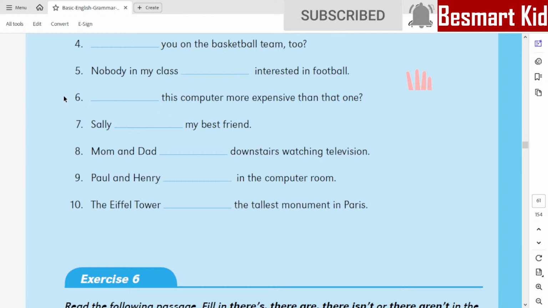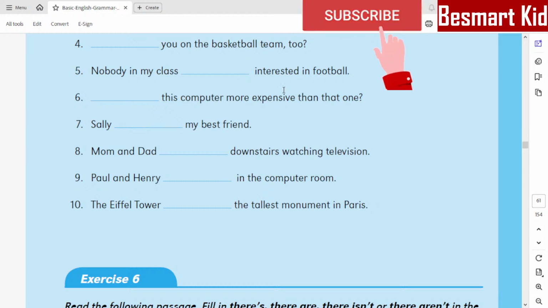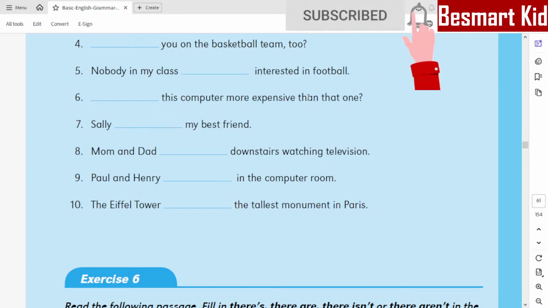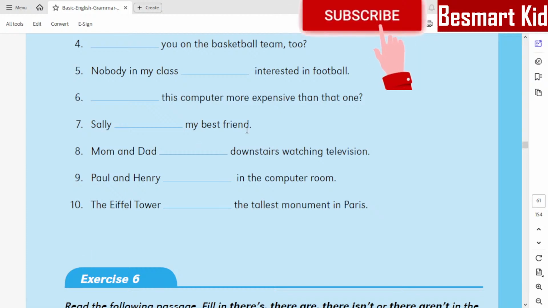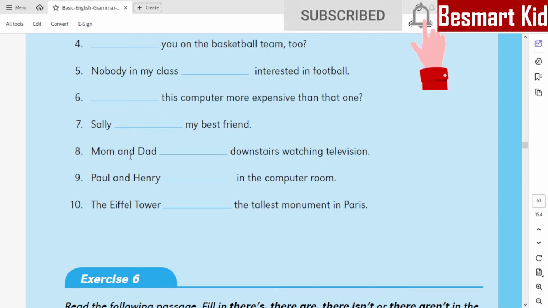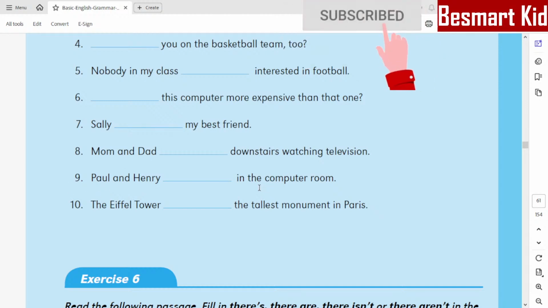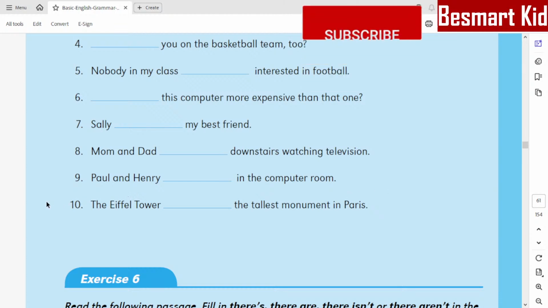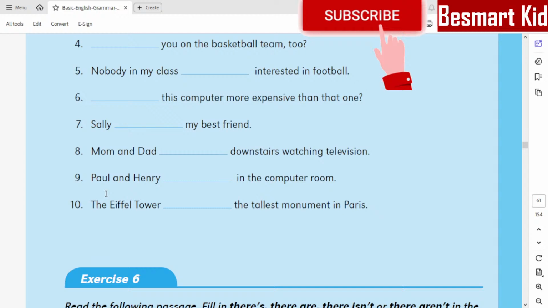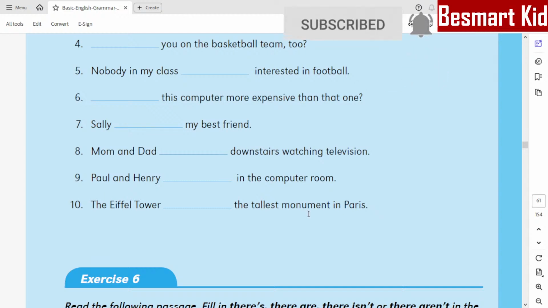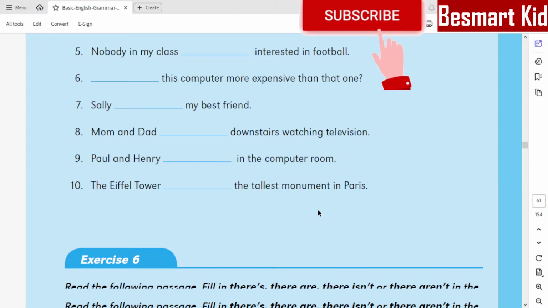Sixth, dash this computer more expensive than that one. Seventh, Sally dash my best friend. Eighth, Mom and Dad dash downstairs watching television. Ninth, Paul and Henry dash in the computer room. Tenth, the Eiffel Tower dash tourist monument in Paris.